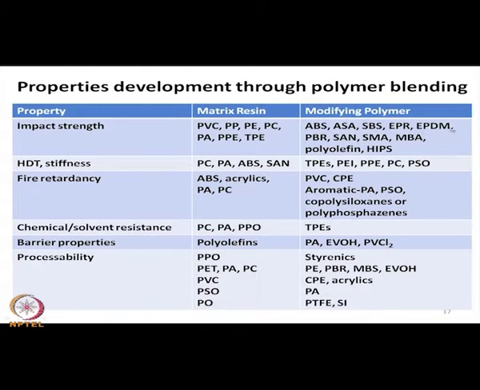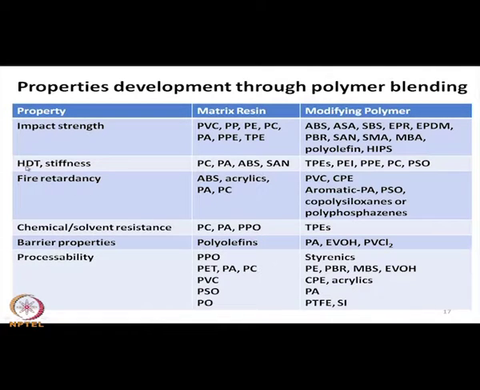And these are considered as modifying polymers: ABS, SBS, EPR, EPDM, polybutadiene, styrene acrylonitrile, etc., polyolefin, high impact polystyrene. These can be used for blending with any of these matrix resins to have newer products.